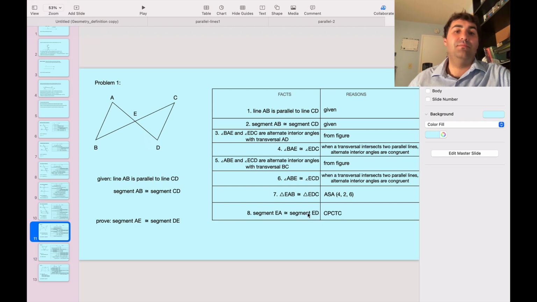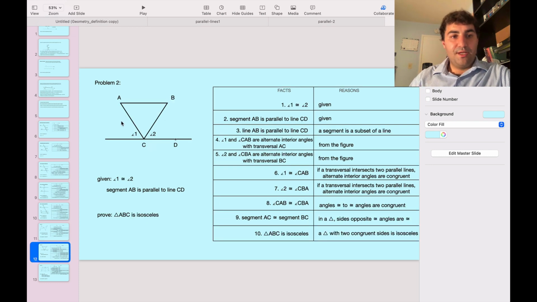It doesn't really matter because congruence between segments means that the segments have the same length, so it doesn't matter which direction you take it. If that helps you remember it a little better, then that's fine. But let's move on to the next problem here.